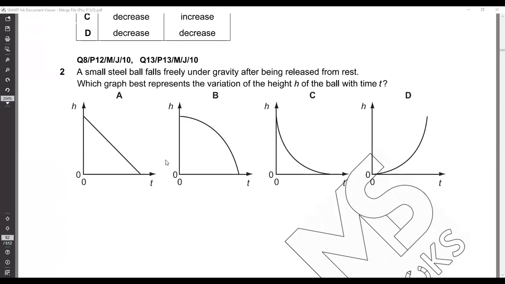We are going to practice some questions. So question 2, write your answer in the chat.